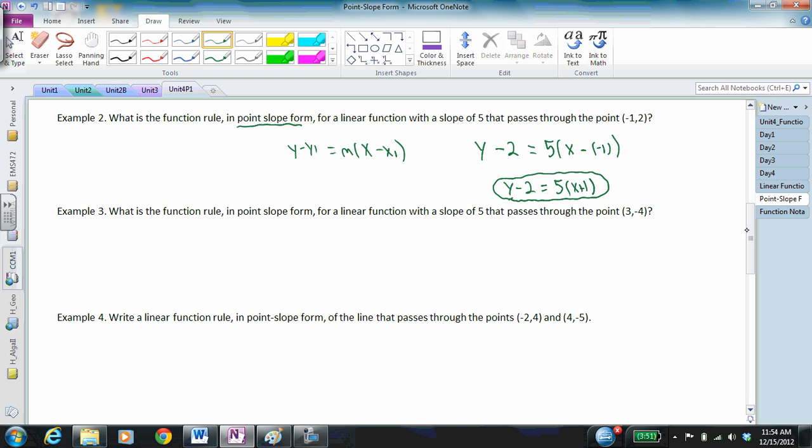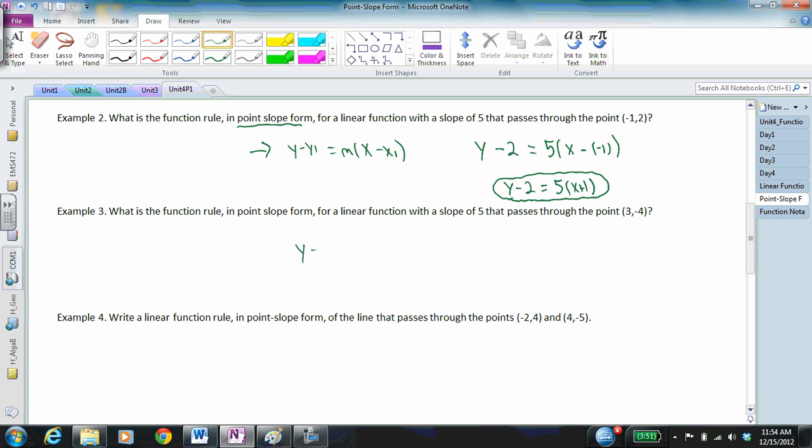Looking down now to example 3. What is the function rule in point-slope form for a linear function with a slope of 5 that passes through the point 3, negative 4? Pause the video, try that one on your own. So the answer, again, we're going to use the same form, y minus y1 equals m times x minus x1.